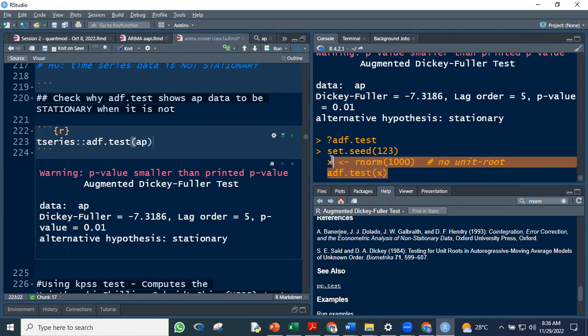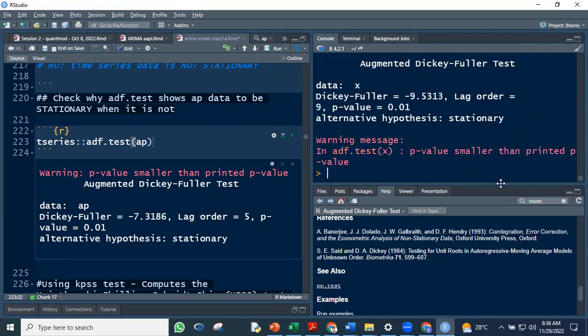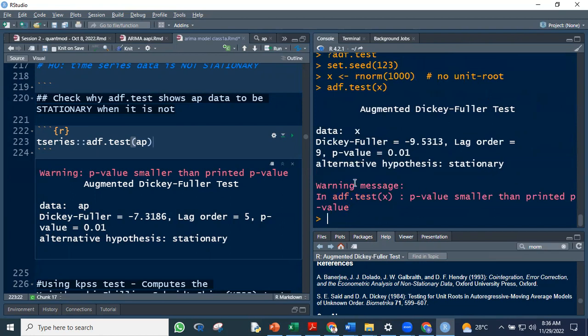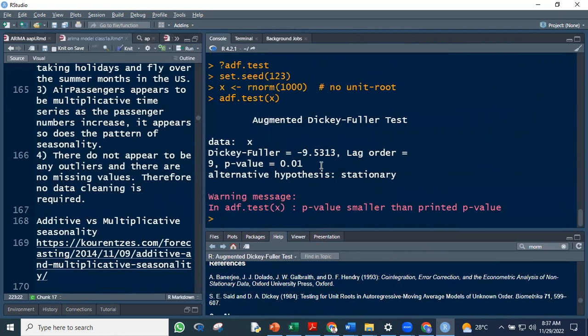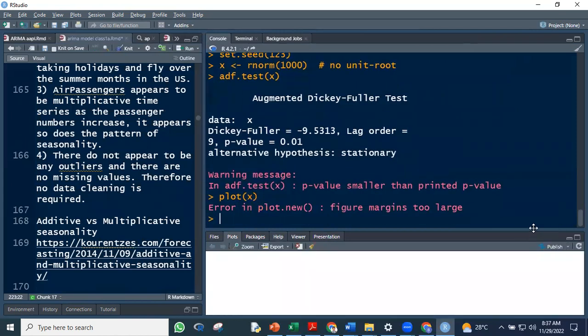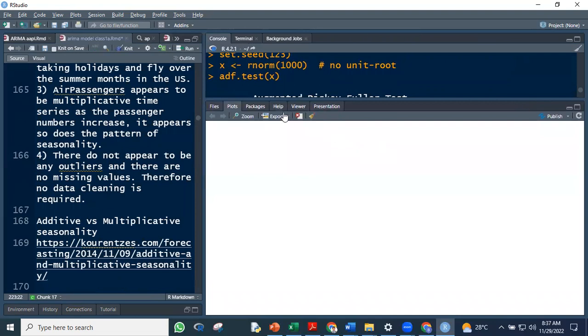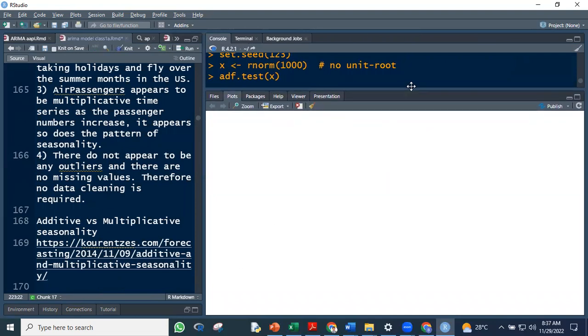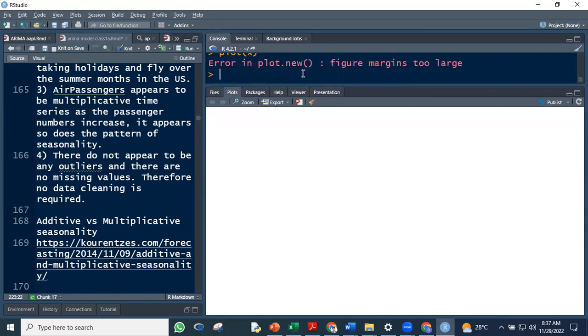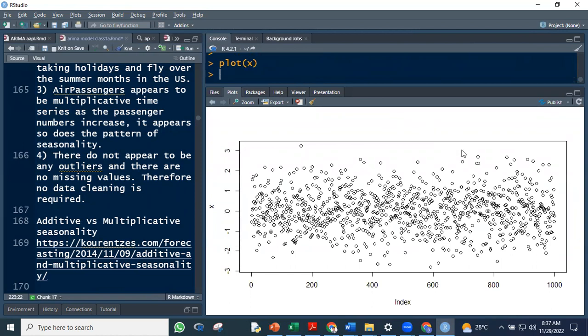Let's run this so that we all have the same values. Run it. Okay, this is right, no?